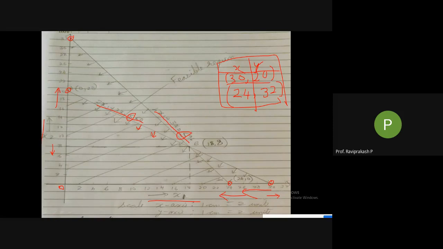If this was outside, this would be my area of interest. Both are inside, so this is the part where I am not getting anything of this line. Under this line and under this line, this part won't come. Similarly, here it is under this line, but it is not under this line. So my feasible region would be this. Here there is a point, again this is my feasible region.